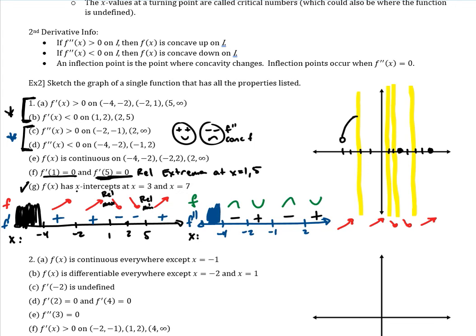Let me go back and erase it a little bit because it looks like I'd go too high. So concave up, something like that. Notice, let me use green for my concave down. So this is concave down, and I'll continue using black for concave up. That's where it is increasing, so everything's looking good so far.